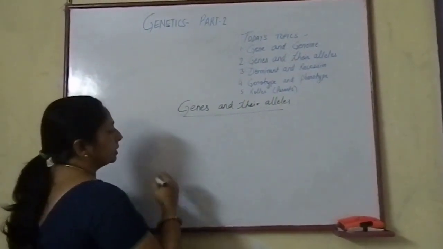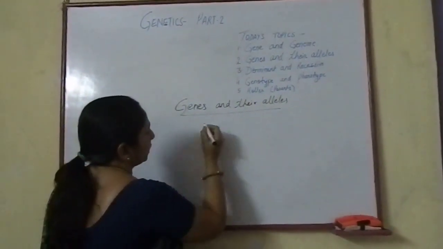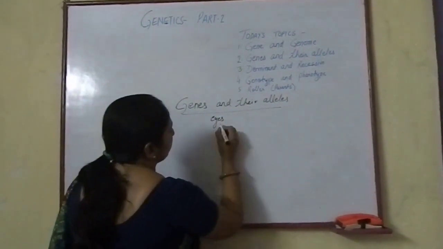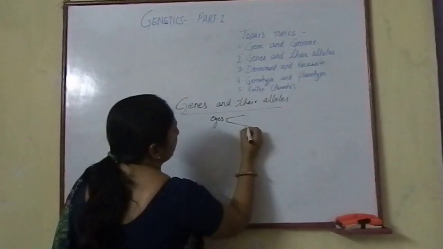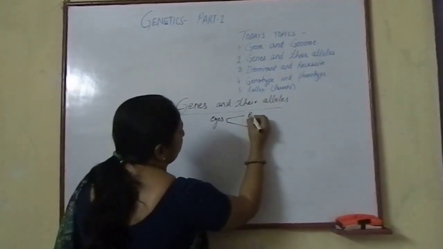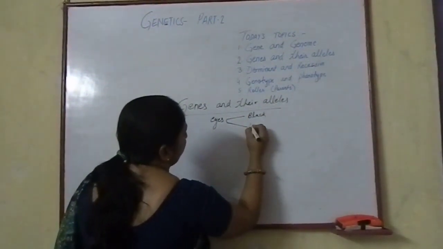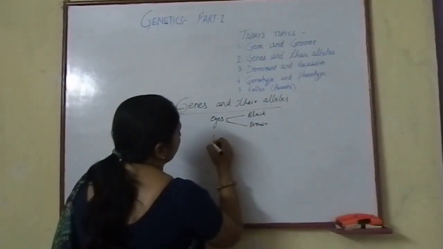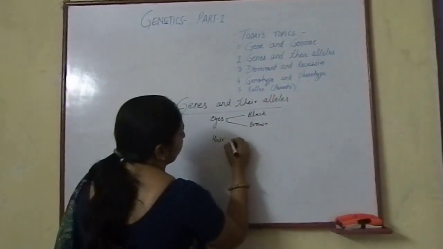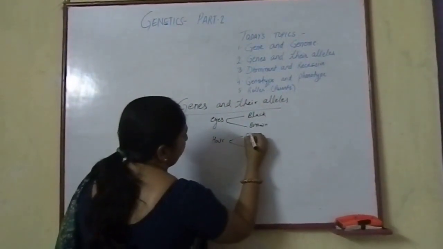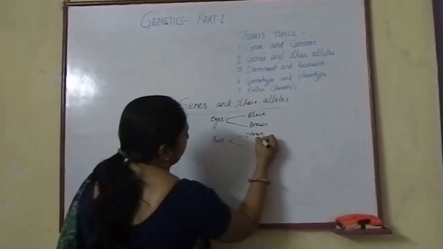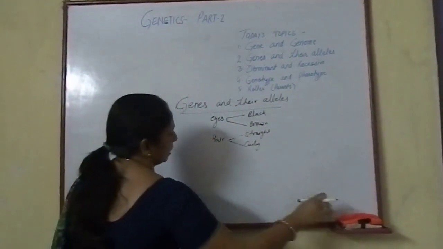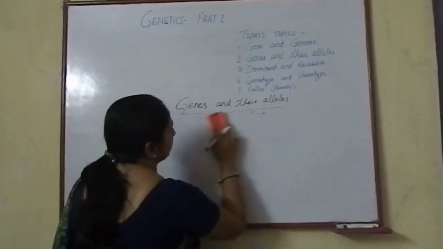For eyes, the character has two contrasting features, that is black and brown. For hair also we take two characters, straight and curly. But today we will discuss characters of the tongue.